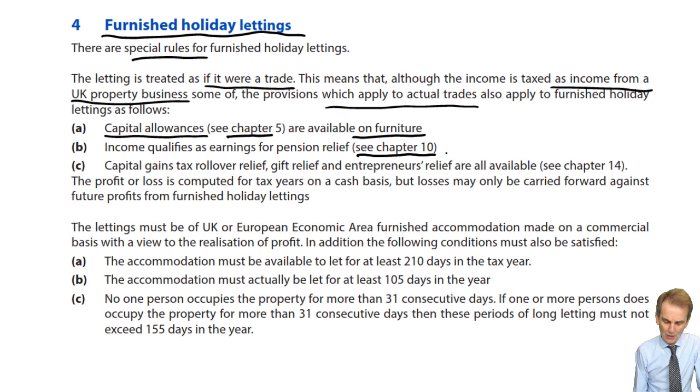In Chapter 10, we see pensions. Now, we've seen a little bit already to do with pensions, most specifically personal pension contributions. And we've seen how tax relief is achieved, not through presentation of a personal pension contribution as a deduction on the income tax computation in deriving taxable income, because it is not deducted there. Instead, we saw how we got basic rate relief at source. You paid £8,000 in the tax year into your pension fund, and it got credited with £10,000.